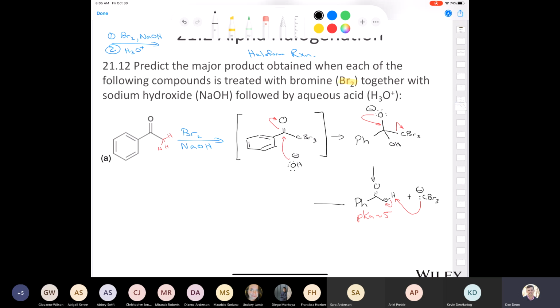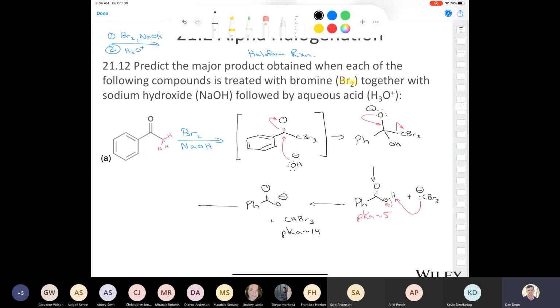Then that's going to drive the reaction forward to produce the carboxylate. So I'll just draw it like this. We're going to have our carboxylate, and we're going to have bromoform. And the pKa of bromoform is around 14.